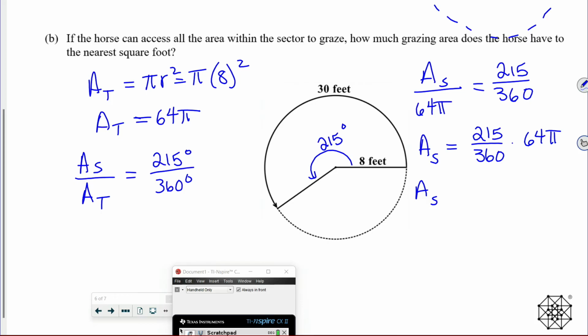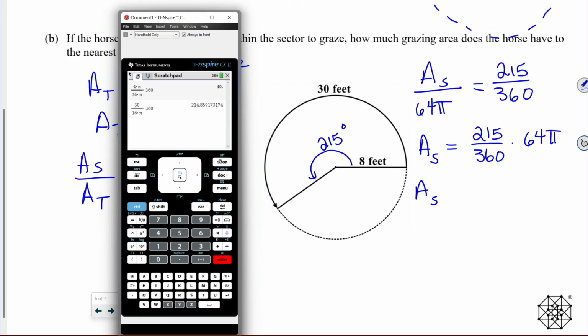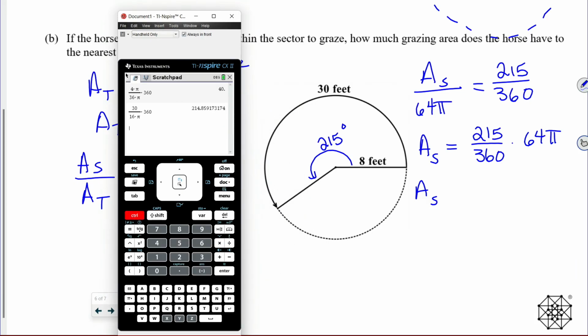Let's figure out the area of that sector. Again, 215 divided by 360 times 64 pi equals 120 square feet.